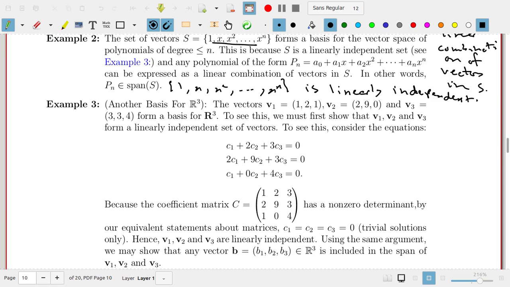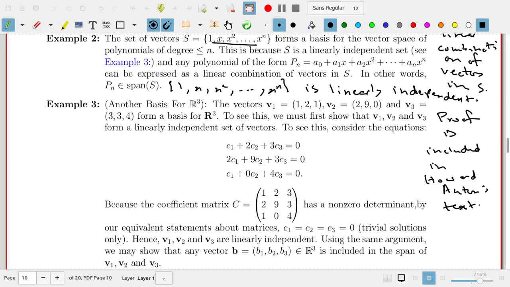The proof is given in Howard Anton's text.